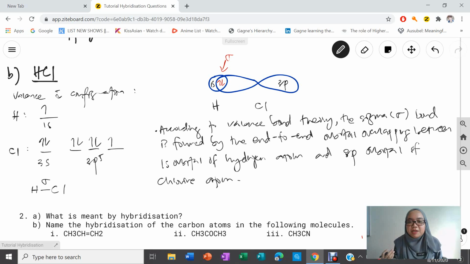So this is how you explain the formation of sigma bond using the valence bond theory.